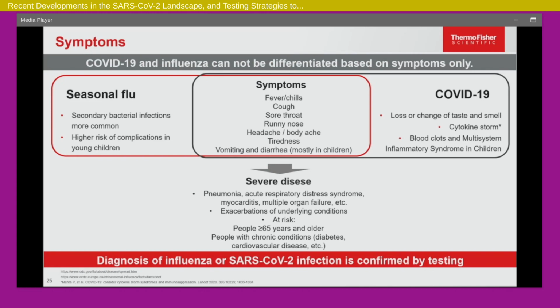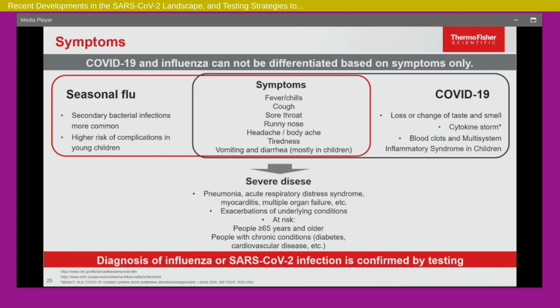But there were some interesting findings that we saw, where you would see a complete loss of taste, people would not want to eat, loss of smell. And you had what we call the cytokine storm, where people came in with acute respiratory distress because they would have this buildup of IL-6, and that would cause pulmonary edema, where they would have breathing issues and need to go on a ventilator.